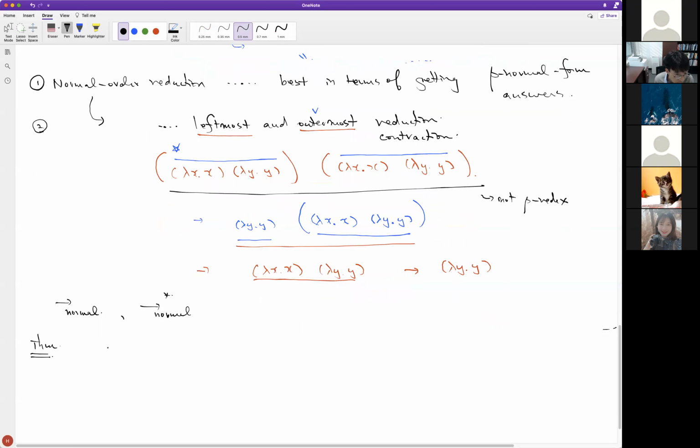The theorem says, if we can somehow find a way to reduce expression E to E prime, for beta normal form E prime, then E can be reduced by normal order to the exact same answer E prime. So if it's possible to get a normal form answer, then following normal order reduction will give the answer.